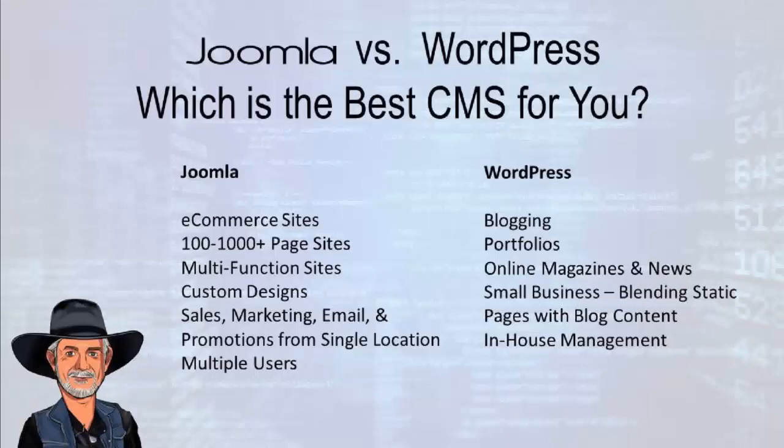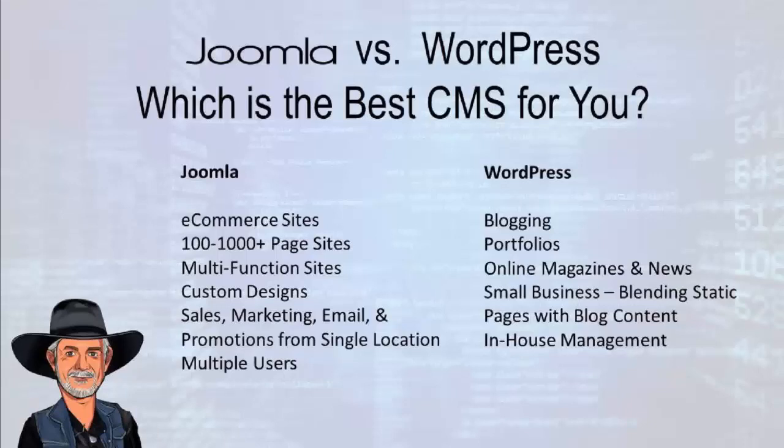And as I said a moment ago, sites that are large, hundreds or thousands of page sites. The school that I built is about 1,600 pages right now. The publishing company that I built out with Joomla is between 600 and 800 pages.